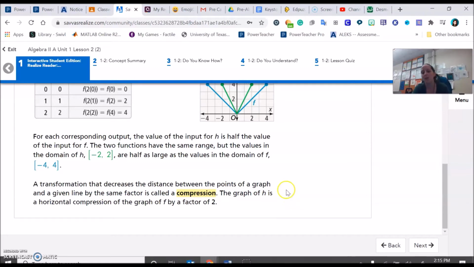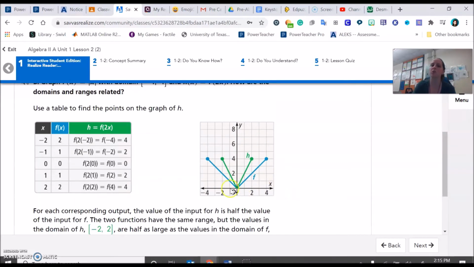The graph of h is a horizontal compression of the graph of f by a factor of 2. So looking at this, again, my blue line is my original function. I multiply what was inside, the x values, by 2. So it compressed it. If I multiply my y values by 2, it stretches it. If I multiply my x values, it compresses.